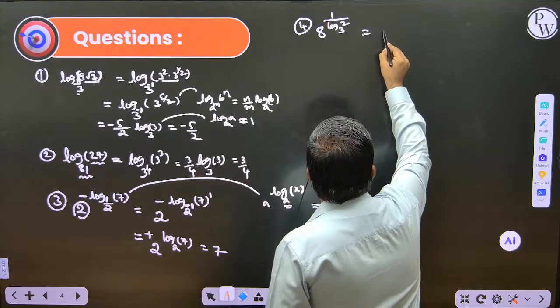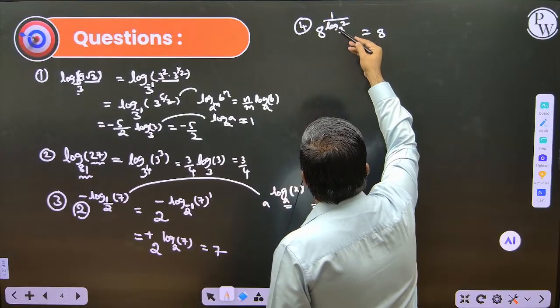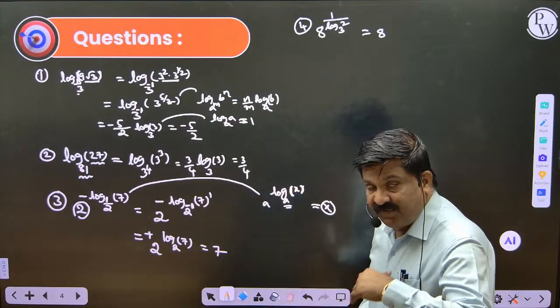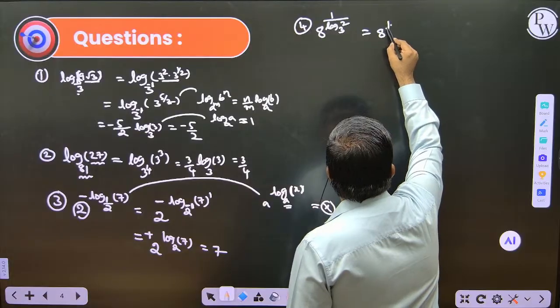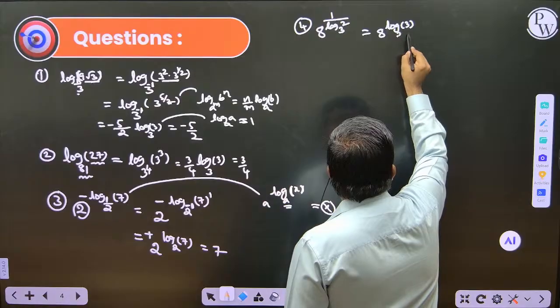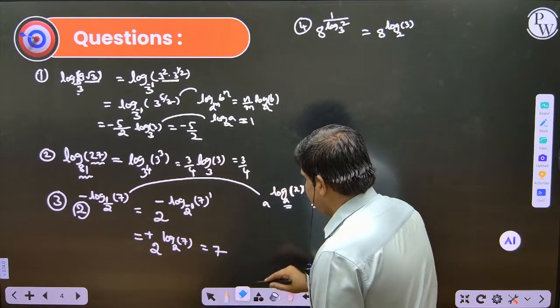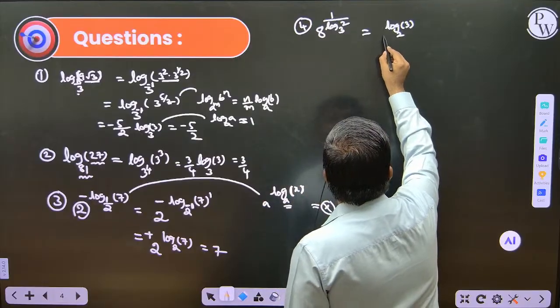It is equal to 8 power of this 1 by log base 3 to, shifted to numerator. What happened? It interchanges. So that gives log of 3 to the base 2.